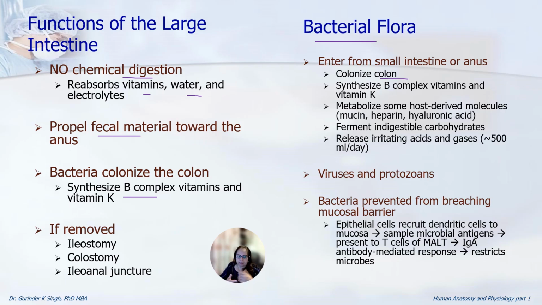As I mentioned, it can synthesize vitamin B complex, especially K, and the gut flora can also metabolize some host-derived molecules such as mucin, heparin, hyaluronic acid, etc. It can ferment undigestible carbohydrates and produce acids and gases, typically 500 mL per day. In the colon there is less oxygen, so the environment is quite different from what we expect inside our body. There may be some viruses living in there, and some protozoans.